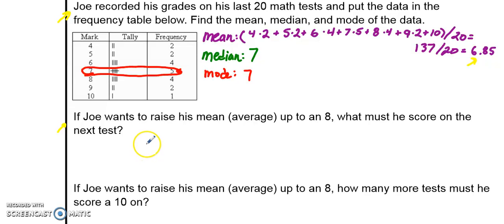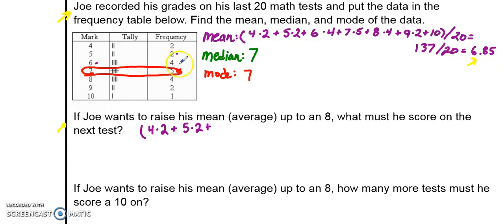To figure this out, we're going to set up an average or a mean just like we did before. Remember, all we need to do is add up the number of points we have so far, divide by the number of tests, and that should equal our average. So Joe scored a 4 twice, so 4 times 2, plus he scored a 5 twice, so 5 times 2.